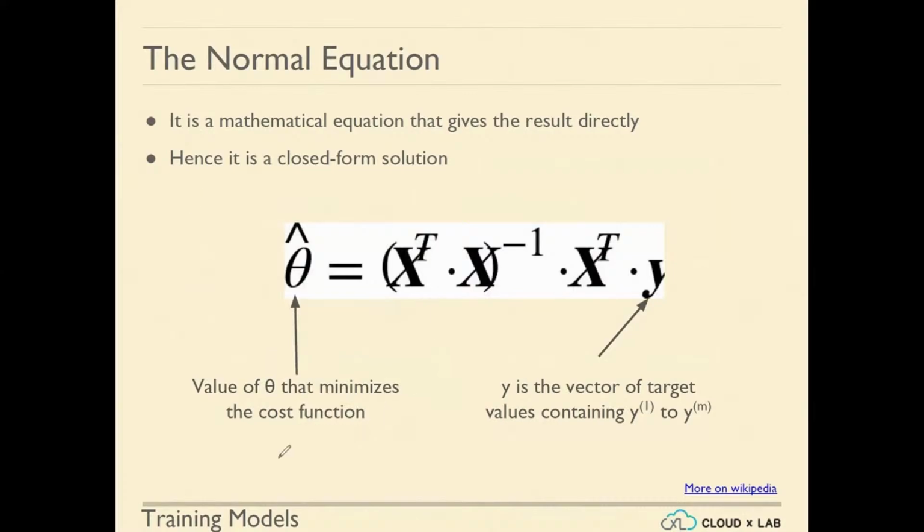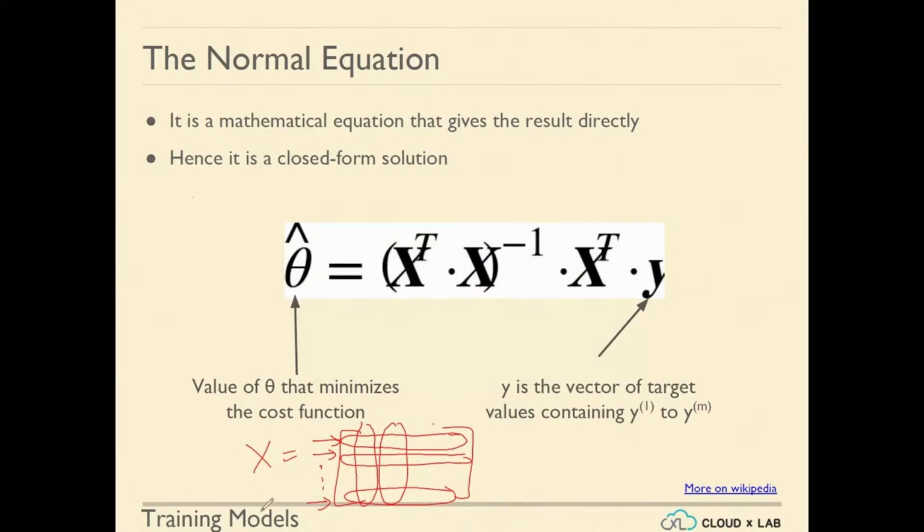What is this capital X? Capital X is nothing but the matrix where the first row means the first data point, the second row means the second data point, and so on, the nth row is the nth data point, and columns mean features. For example, the first column is the first feature value, the second column is the second feature value, likewise.